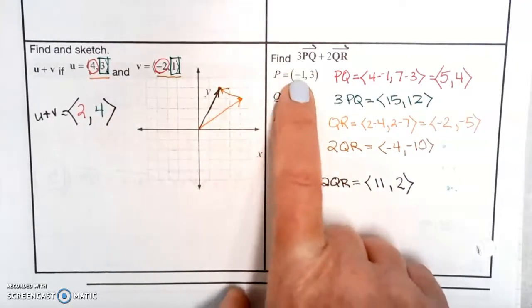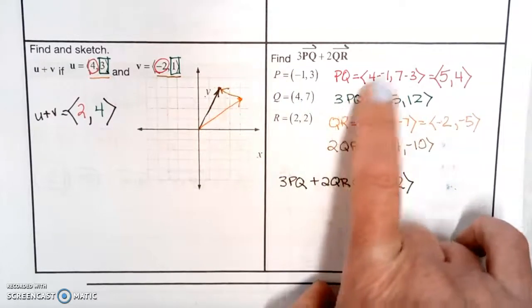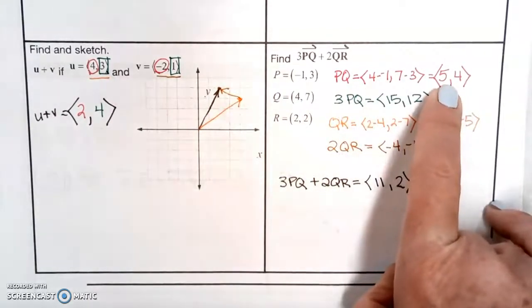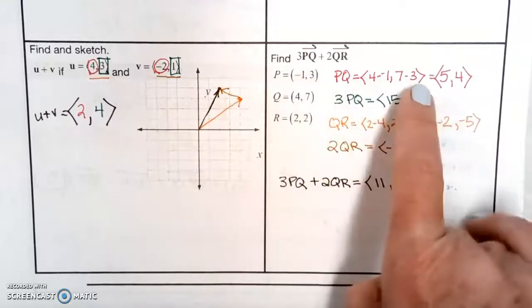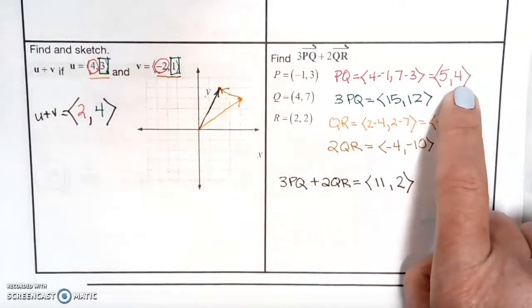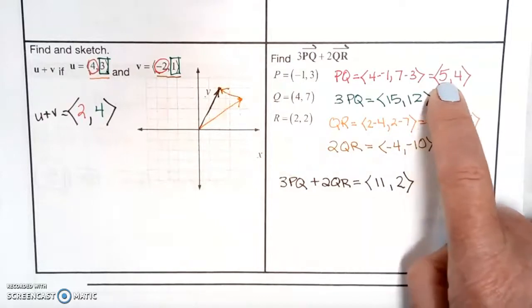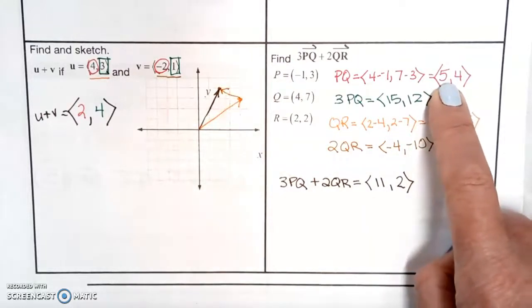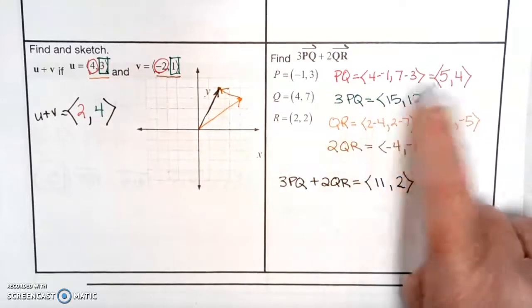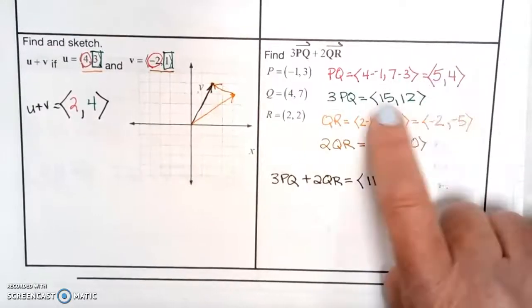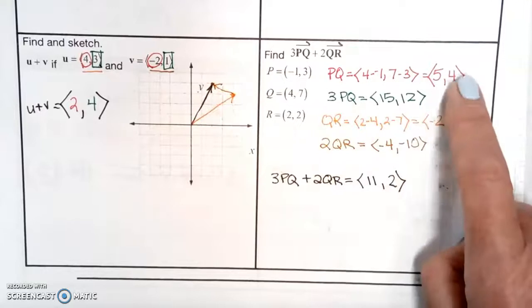So 4 minus negative 1, we end up adding to get 5. And then 7 minus 3 gets us 4. So that's the vector for PQ. Now we need to scale it by 3. So we're going to multiply PQ by 3. 3 times 5 is 15. 3 times 4 is 12.